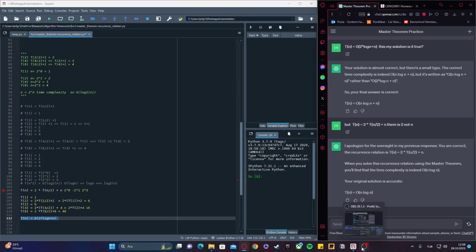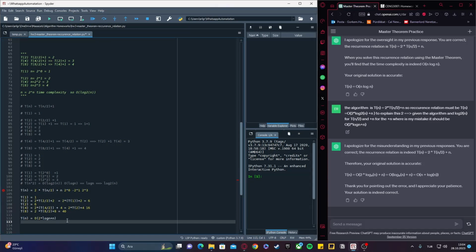I might have solved it wrong, so I'm going to stop the recording, and I will try to understand what it's saying. Then I will start the recording again. After this, I understand my mistake. I just wrote T of n equal to O 2 times log n plus n, but the unnecessary part is the 2 times.